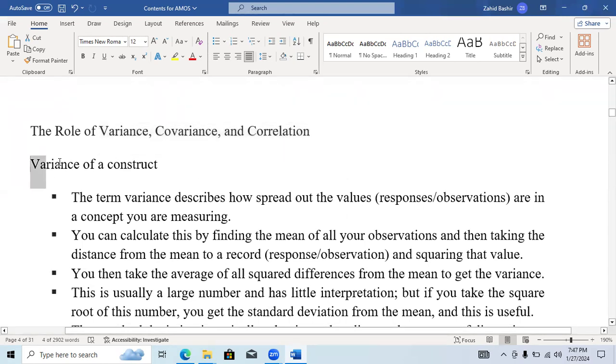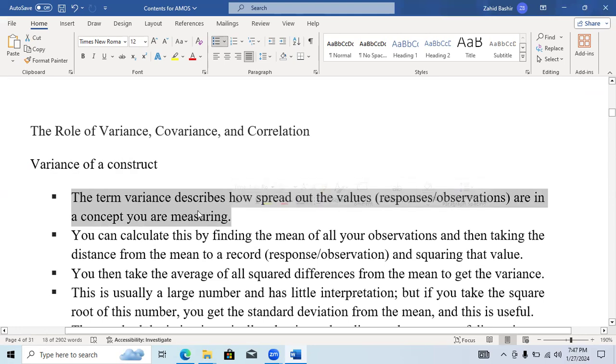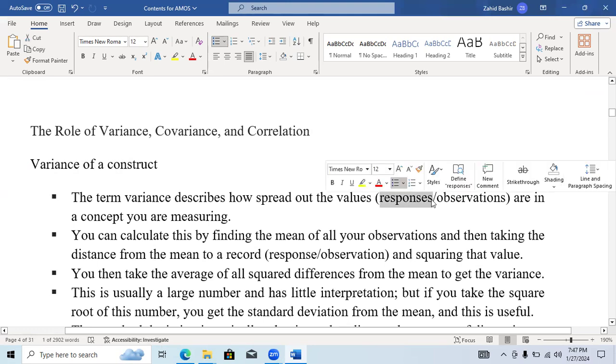First of all, you need to understand what you mean by the variance of a construct. The term variance describes how spread out the values, like responses or observations, are in a concept you are measuring. When you measure a construct using responses in a questionnaire, someone has chosen strongly agree, someone has chosen strongly disagree, someone has chosen simply agree or disagree.